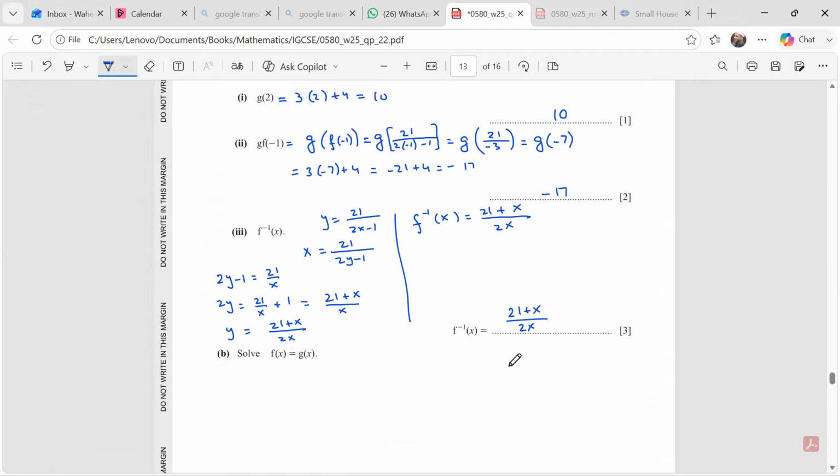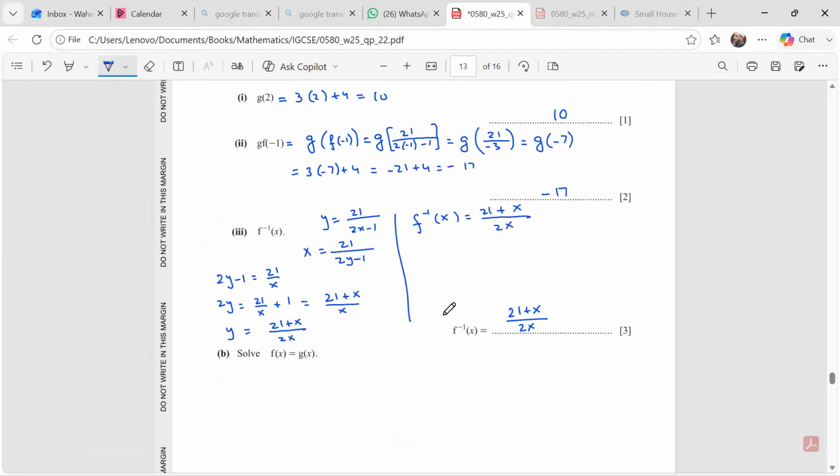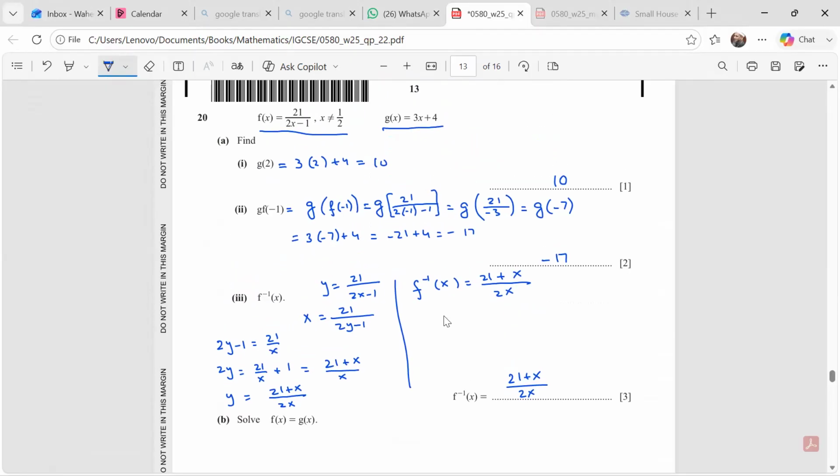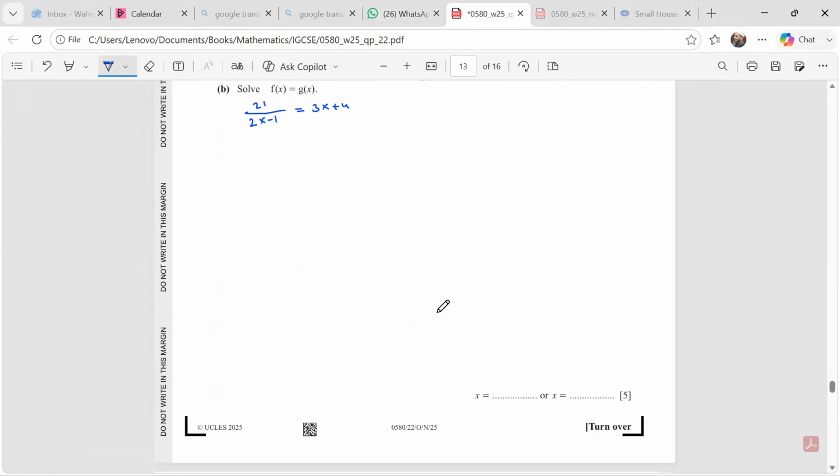Next is solve. When f of x and g of x are equal, it means 21 over 2x minus 1 is equal to g of x, which is 3x plus 4. So we need to solve this equation. Can I write it like 21 equals 3x plus 4 multiplied by 2x minus 1.